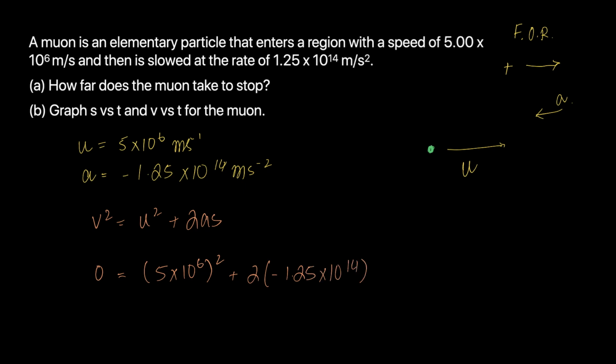Wow. And we've got to figure out s. So s will turn out to be 0.1 meter, or 10 centimeters. This is how far the muon is going to travel before it stops.